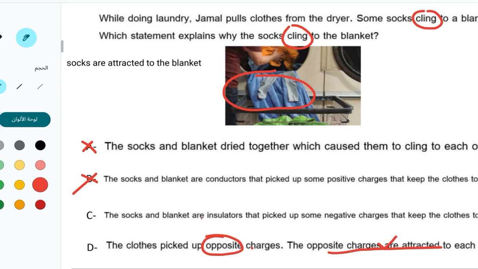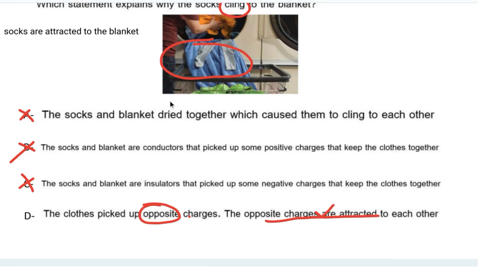The socks and blankets are insulators that picked up some negative charges. They're more than likely insulators, but again, we would need positive and negative charges to have the attraction, because attraction happens between oppositely charged particles.